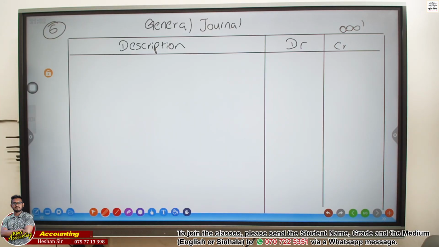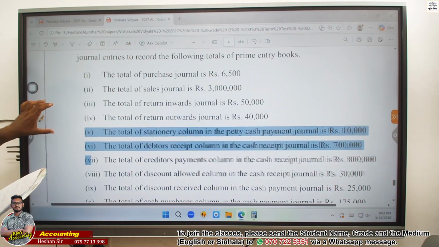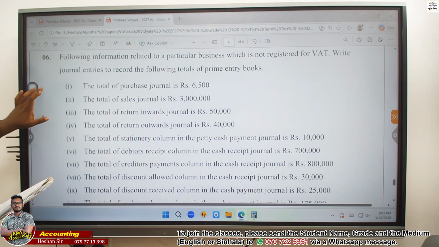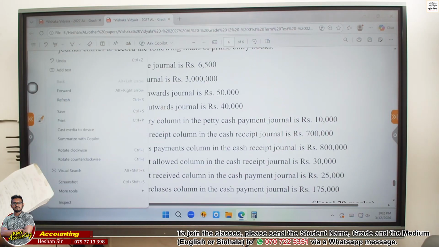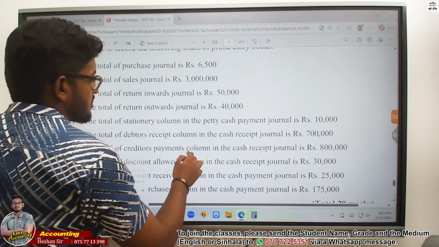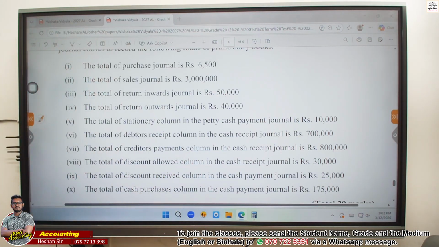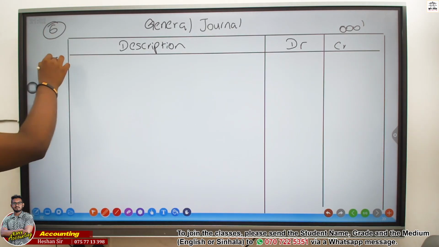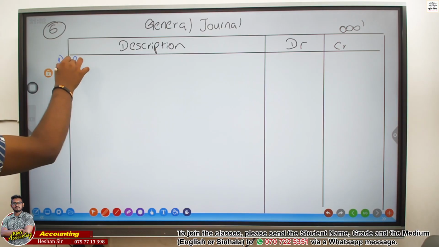In school also I gave the correct marks without a general journal. But this is the total of the primary book in one business, so that's why I draw the general journal. This is not a VAT registered business. This is a non-VAT business. So it's easy. Total of purchase journal 6,500. So you can write purchase journal.